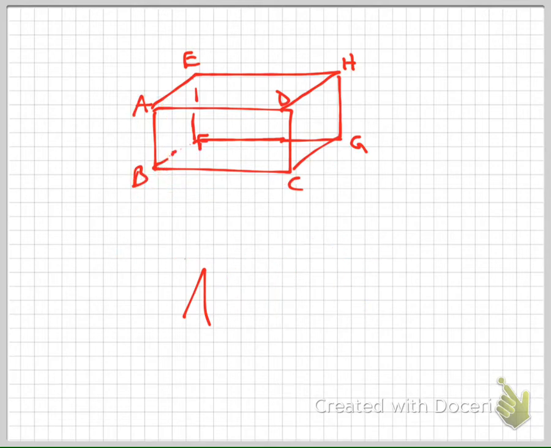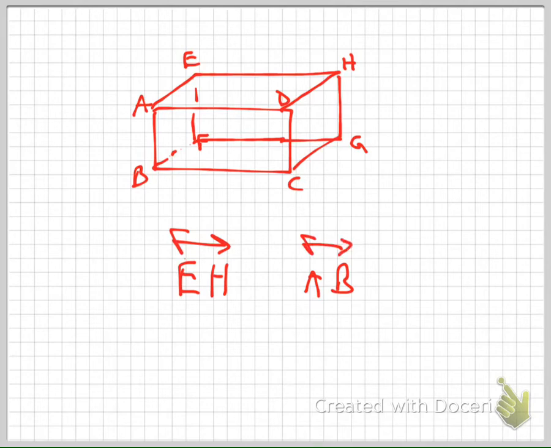I'm going to show you another set of lines, and you tell me if they are parallel or not. So we have line EH and line AB. Are they parallel? No. Why not? They don't touch. They're not on the same plane. One of them is right here, and the other one is right here, right?